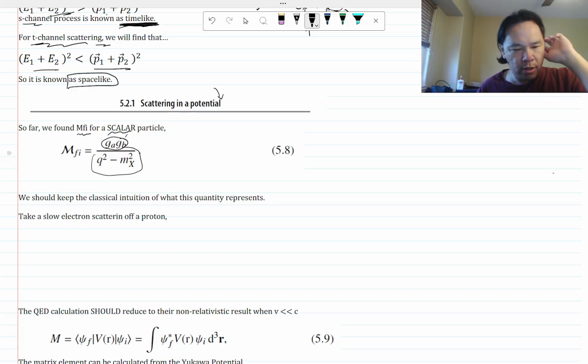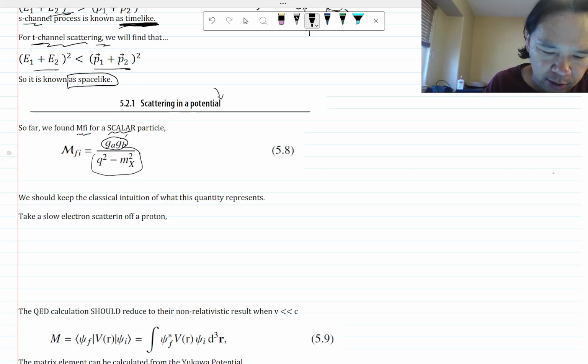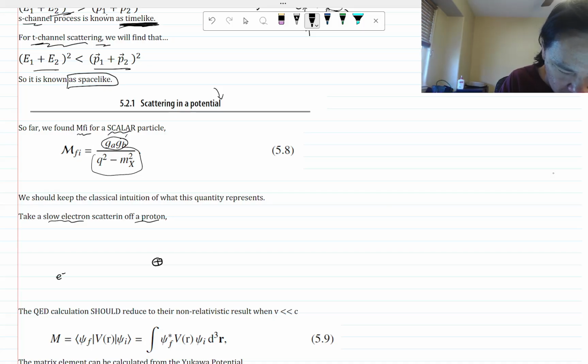What we want to do is get some classical intuition about what these quantities actually represent. So we have some slow electron scattering off a proton. Usually you have some positive charge here, and then maybe you have an electron coming in very slowly. The electron will be attracted by this proton, and then they scatter off in a different direction.